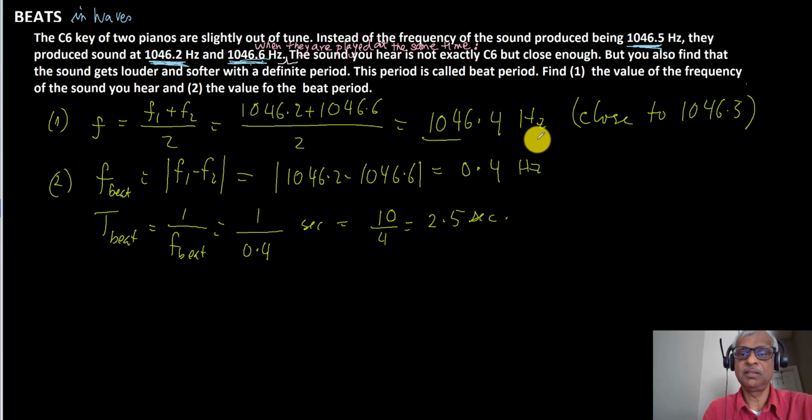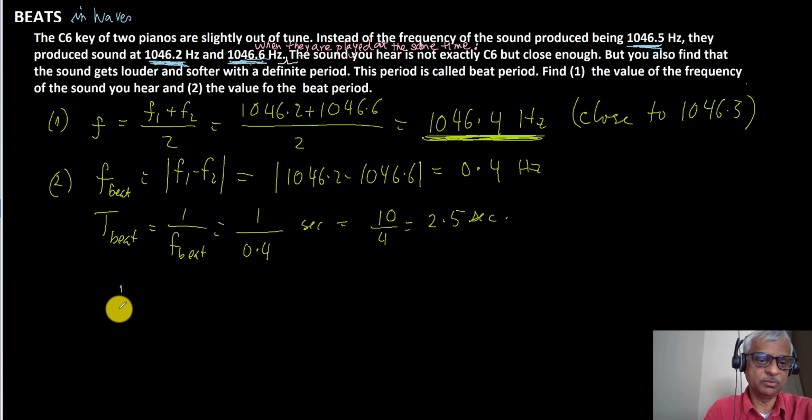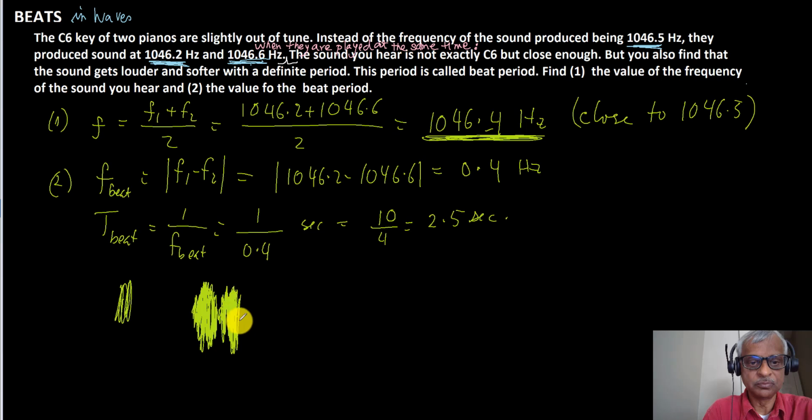So you're going to get a signal that varies very rapidly. And between here and here will be 2.5 seconds, and the time period for these will be the inverse of that.